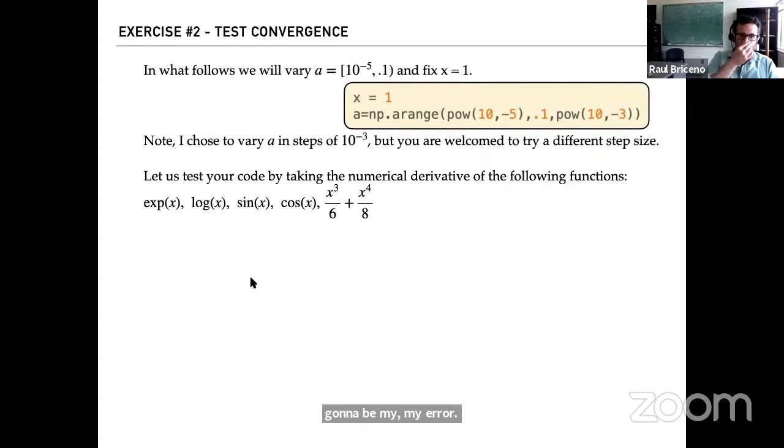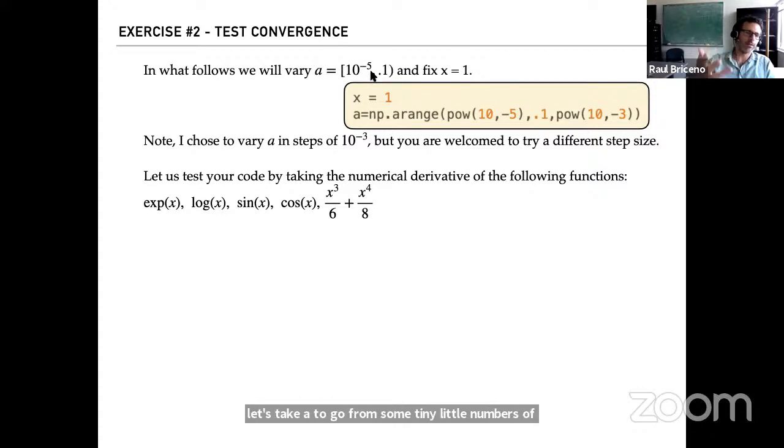And so now let's test the convergence. That's exercise number 2. You've written your code for your derivative, then let's test that you're taking derivatives as a function, and that as a function of a, you are converging to the right answer. So let's take a to go from some tiny little number.